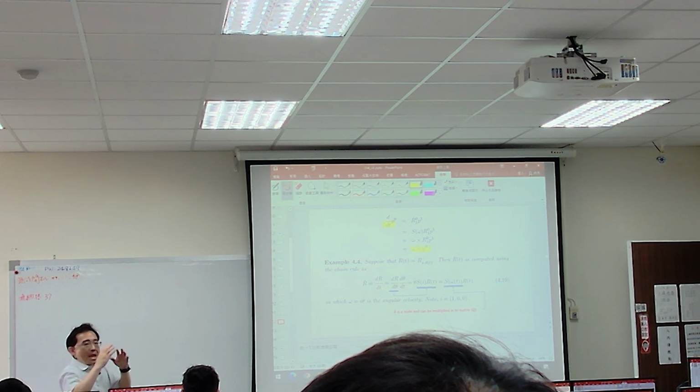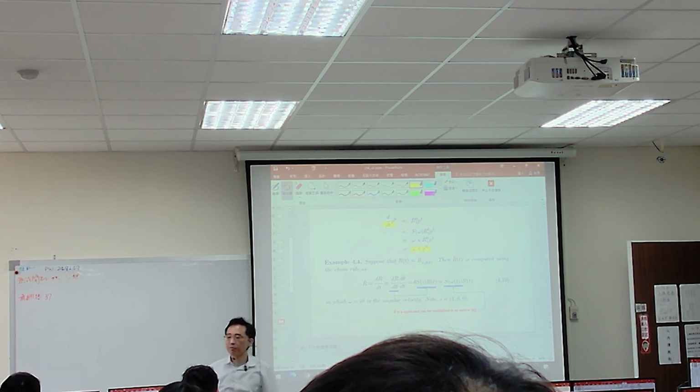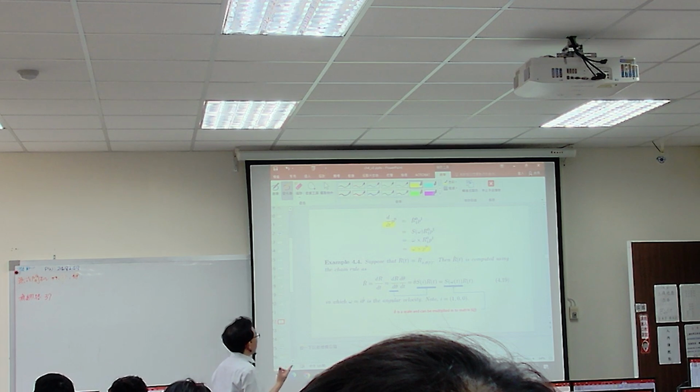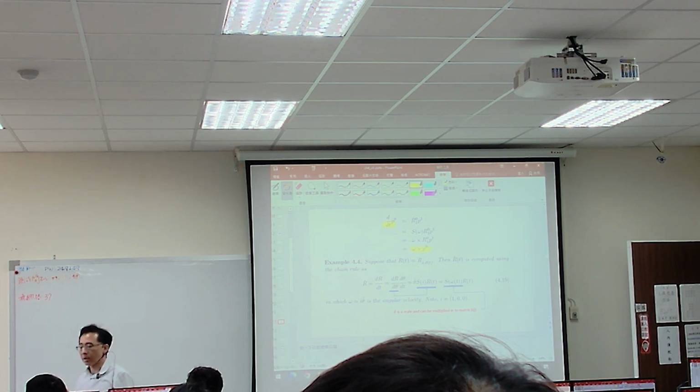But what is in between, the question and the answer, is the derivation we just provided in the previous slide. Okay, so the result is easy to understand, but why it causes this kind of result is the mathematics we built up before. Okay.